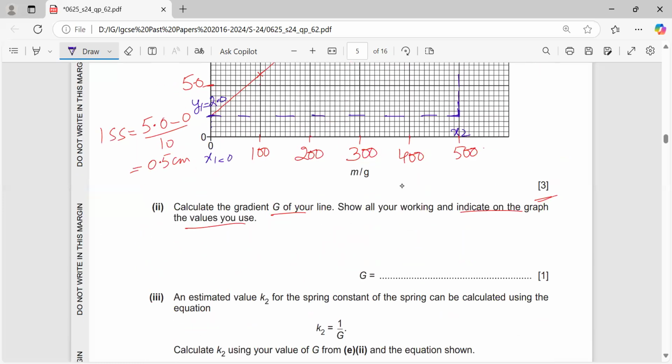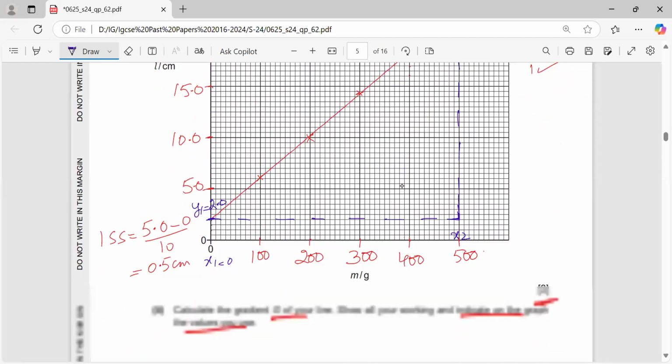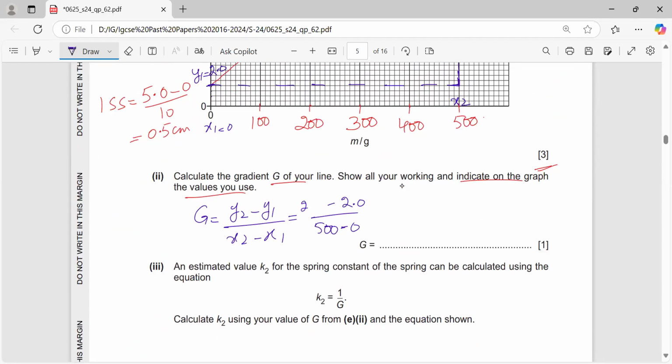So now what is the gradient? Write the formula, which is equal to y2 minus y1 over x2 minus x1, rise over run. x2 is 500, x1 is 0, y1 is 2, and y2 is 22.5. Let's check the value of the gradient.